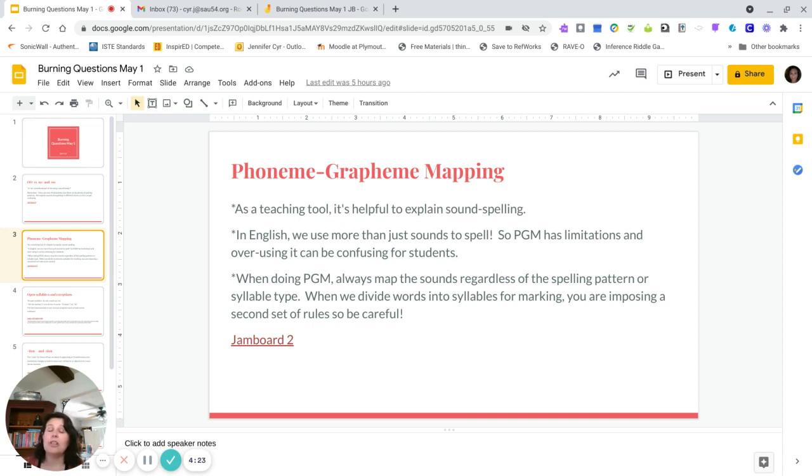We use syllables and syllable types and position of patterns in a word. And we use morphemes and we use inflected endings and Greek and Latin roots. And so phoneme grapheme mapping has limitations. And when we start to layer the English language onto phoneme grapheme mapping, it can become very confusing for students.